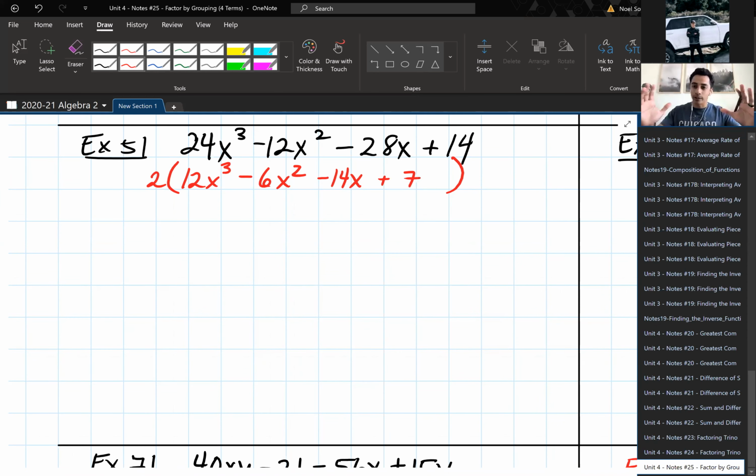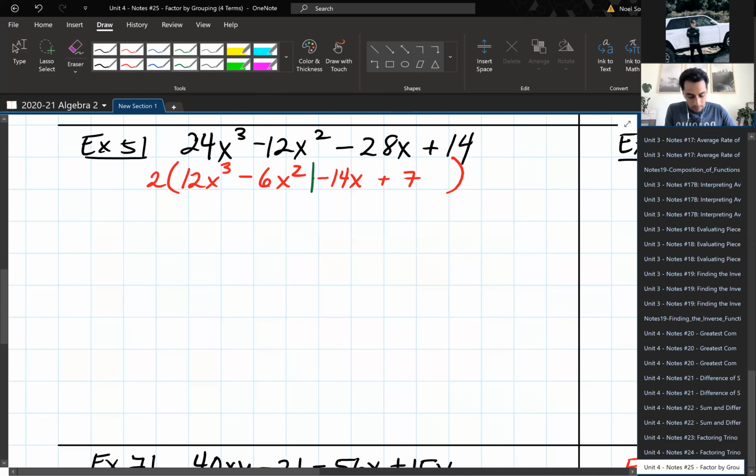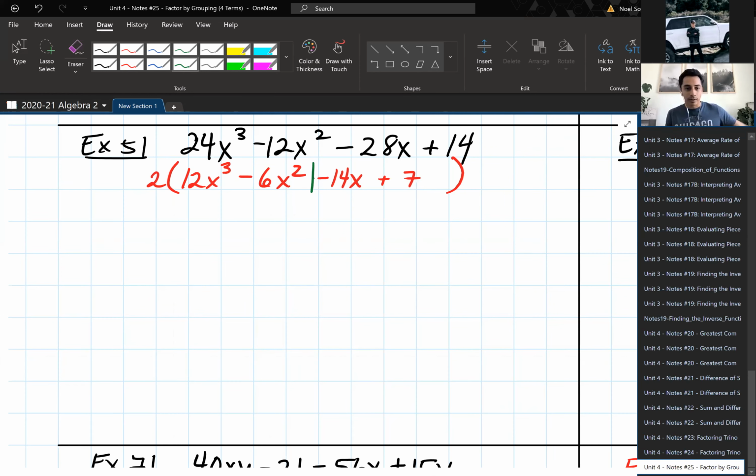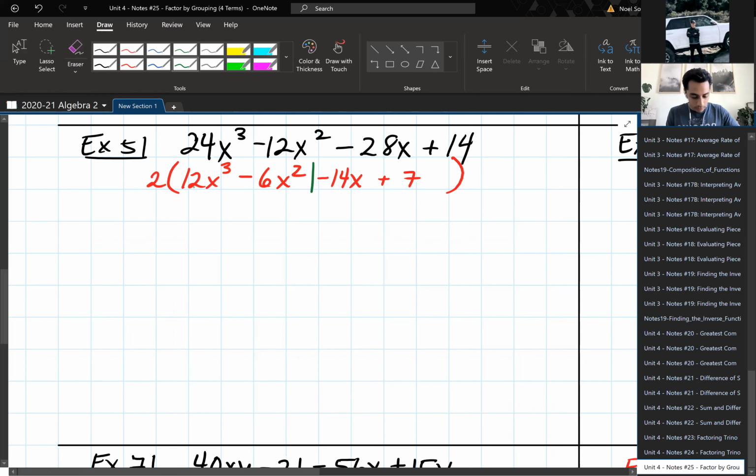So I need to apply factoring by grouping to this. All right, let's try splitting it. We're going to bring down the 2 after eventually, don't worry. But for now, if I'm just focusing on the GCF of those first 2 terms, what would that be? Yeah, 6x squared. And what's left over?